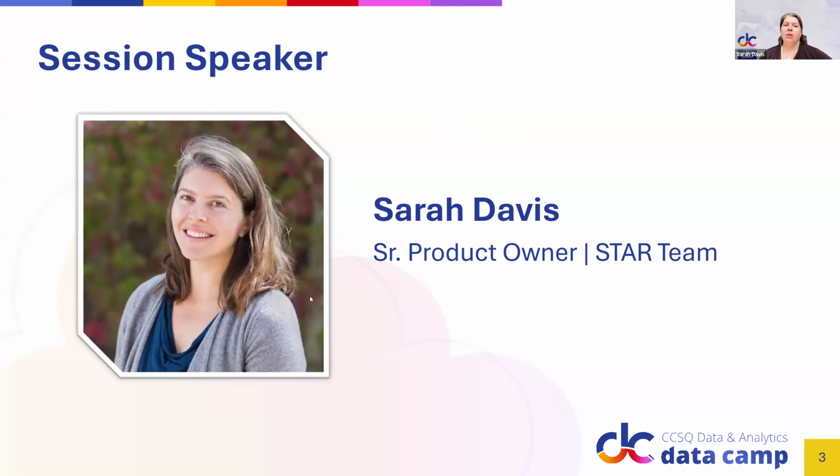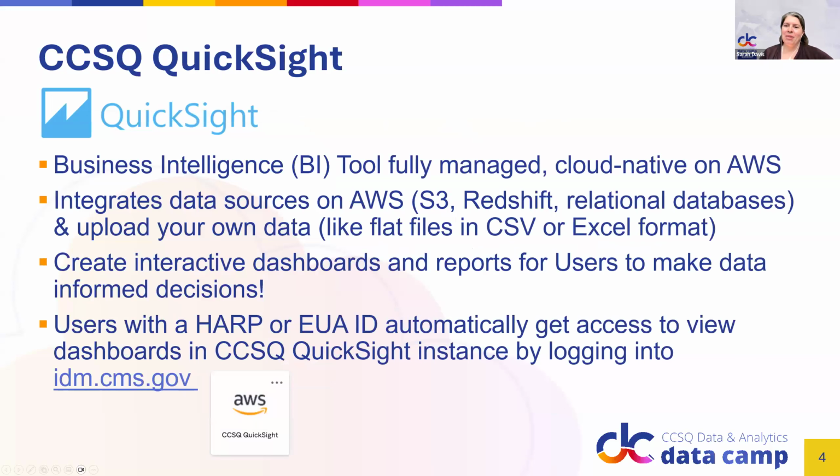Let's jump in. We're going to talk about QuickSight. We've had a lot of new contractors come on board since the spring data camp, so I just wanted to quickly refresh everybody that CCSQ QuickSight is the BI tool. It's fully managed, runs on AWS.